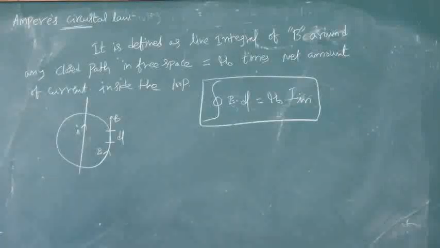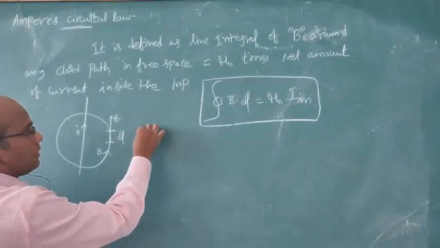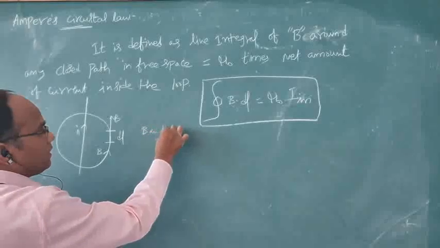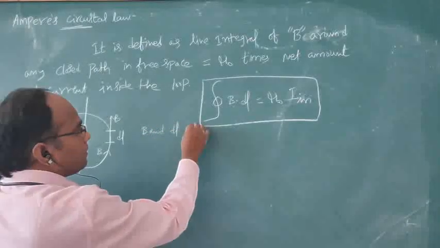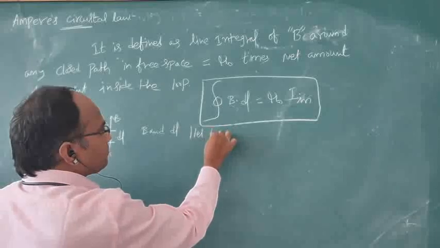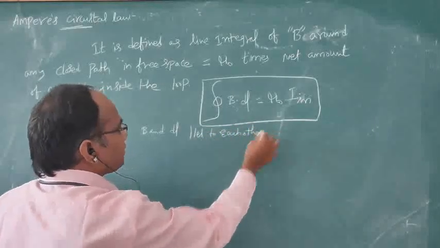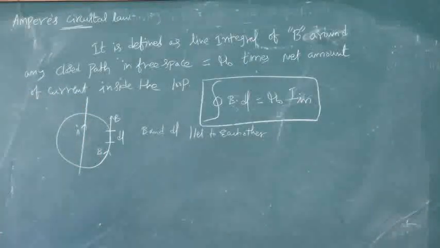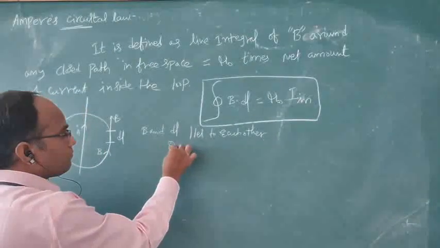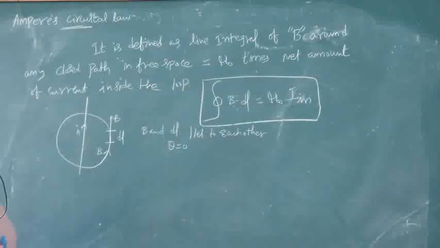Here B and dl are parallel to each other. When they are parallel, theta is equal to 0.